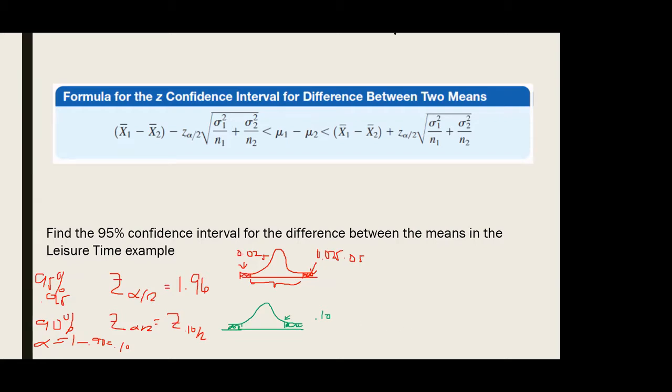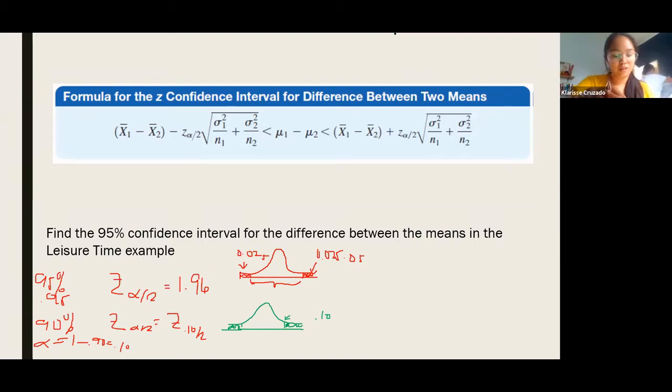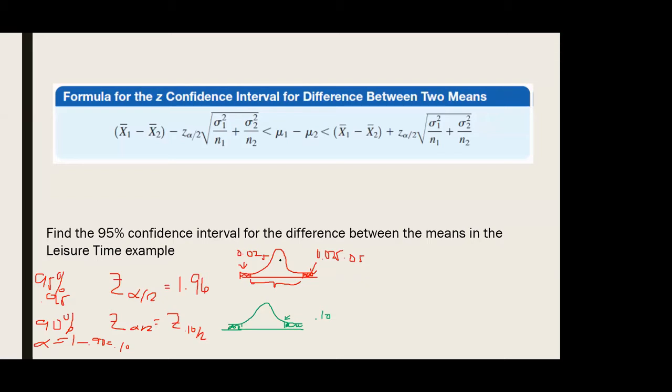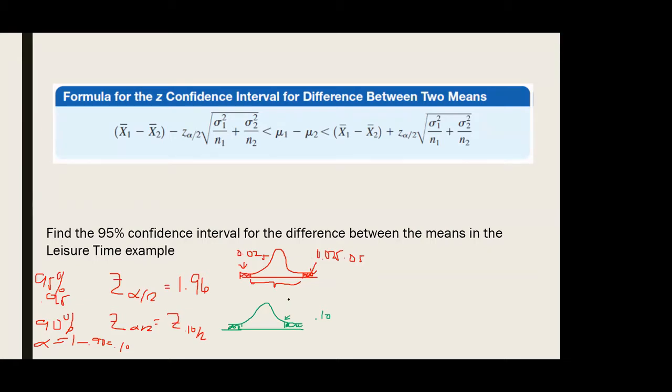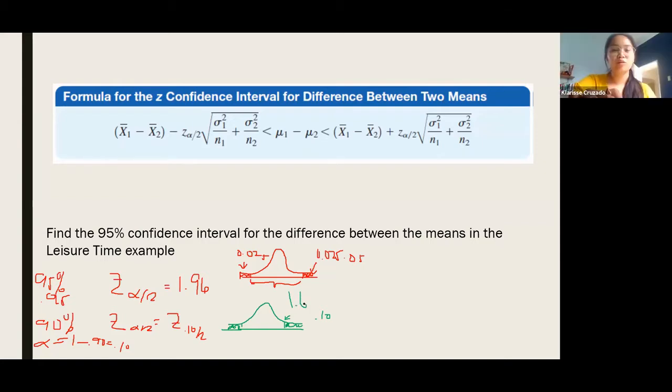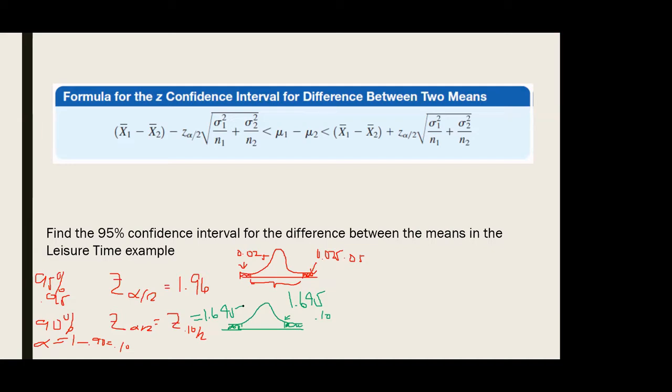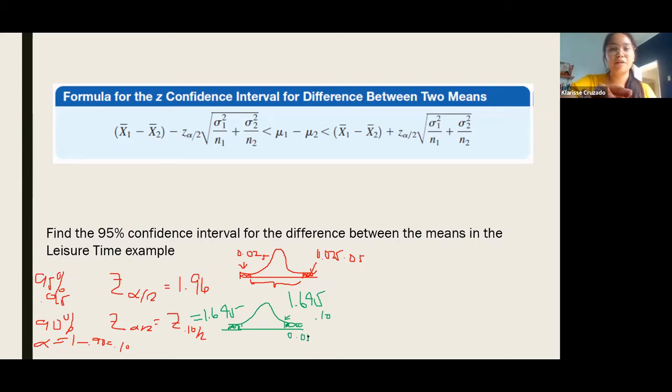You can chat me the answer. Sir, for 90%, 1.645. Okay, good. So how did you find that? Since it is 10%, you need to find the value with 0.05 on each side. Right.